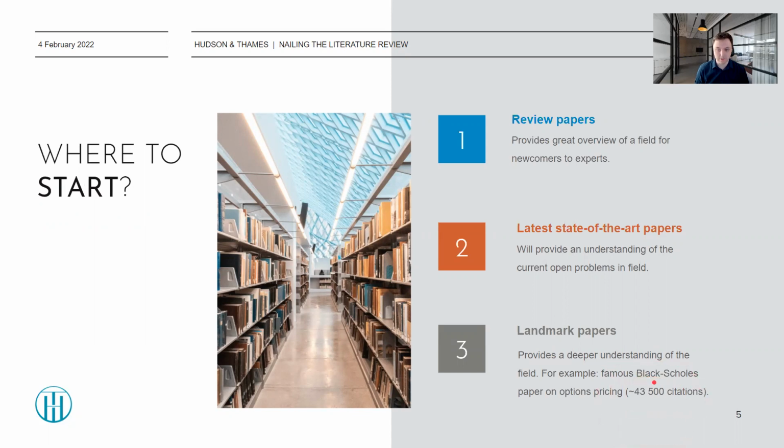If I just take a very simple example, the Black-Scholes paper, the famous one on options pricing, at the time of this video currently sits at about 43,500 citations, which is a lot. And of course, it has had a very big impact in its field. So these are good papers to understand. They give a broader picture and context for the current latest state-of-the-art papers that you may be looking at.